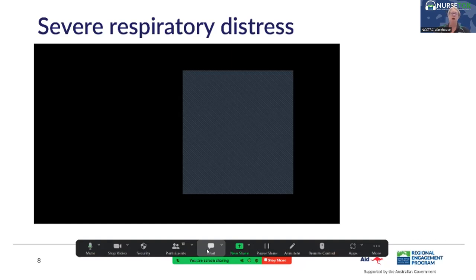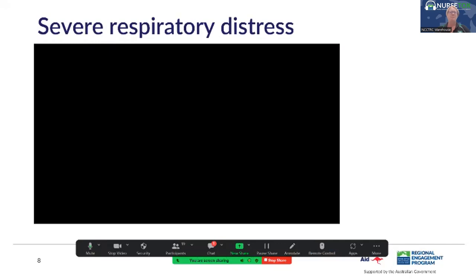So we've got a couple of suggestions here. We've got that we can apply a non-rebreather mask, and we've also got that we could apply high flow. Both of those answers are correct. But my next question to you is, how long does it take to set up high flow in your department?